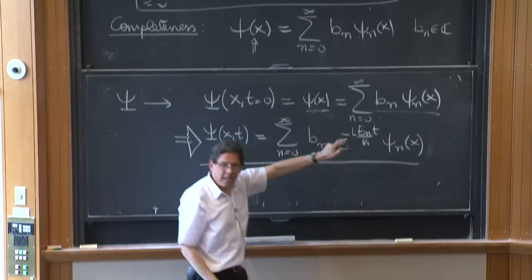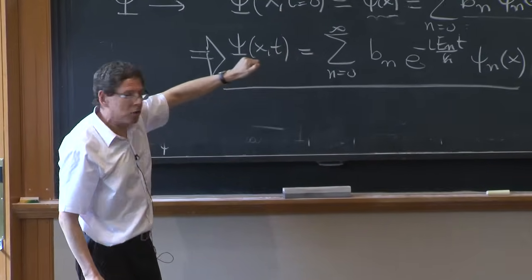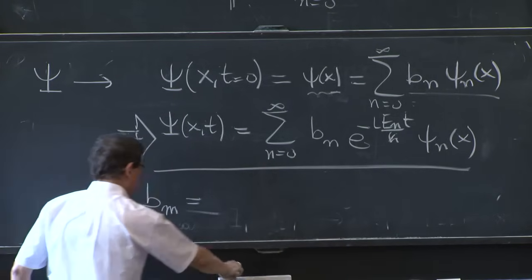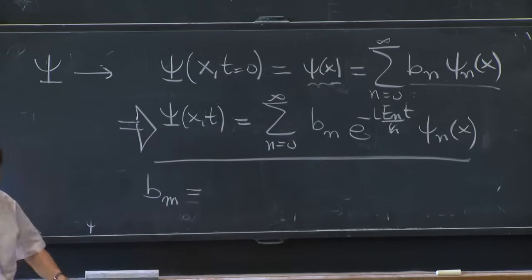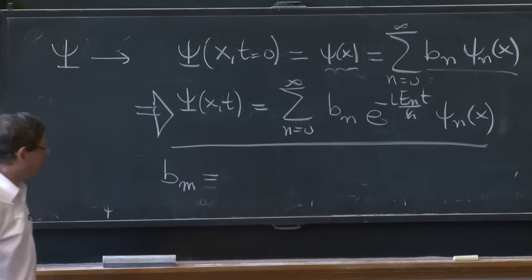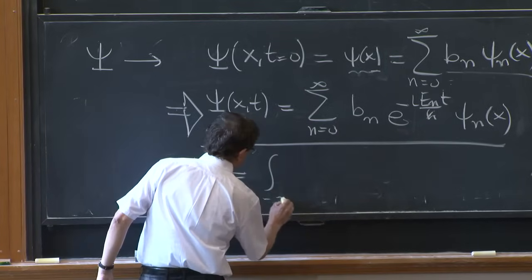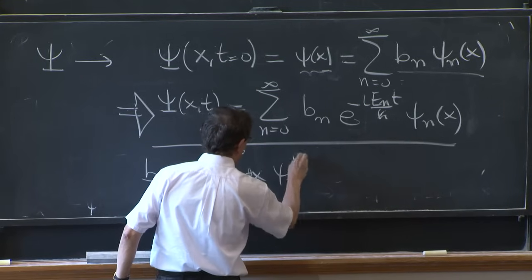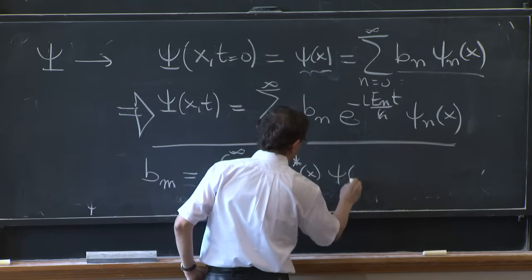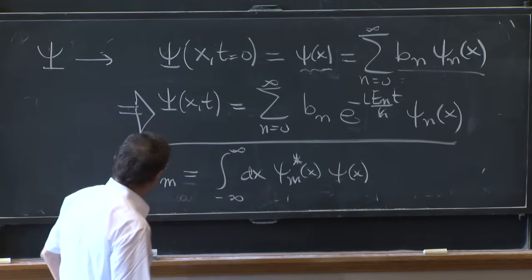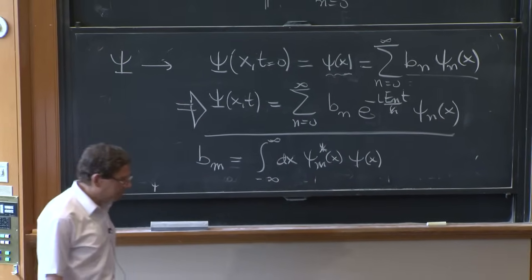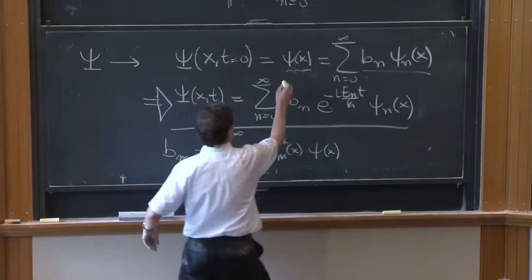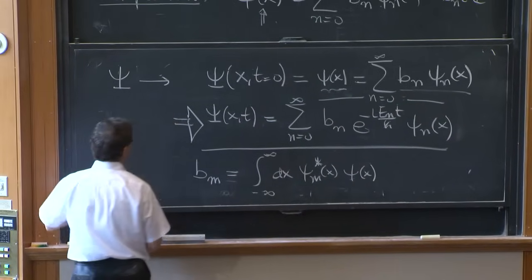I'm just saying in words a two-line calculation that you should do if you don't see this as obvious, because it's a kind of calculation that you do a few times in life, then it becomes obvious and you never do it again. And it's the integral from minus infinity to infinity dx psi m star of x psi of x. So Bm is given by this quantity, or Bn is given by this quantity. You obtain it from here plus orthonormality.